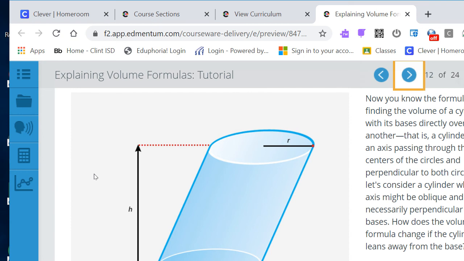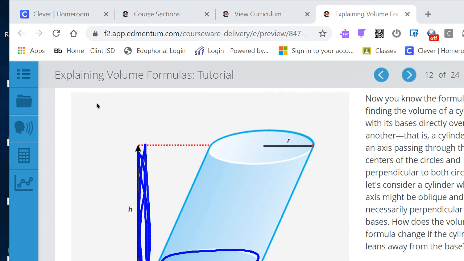So we can use the same formula as before. The volume is still the area of the base times the height. Our base is still a circle, so it's still pi r squared. And please make sure that we use the height of the cylinder, not the side of the cylinder. That's going to be very important for oblique cylinders.